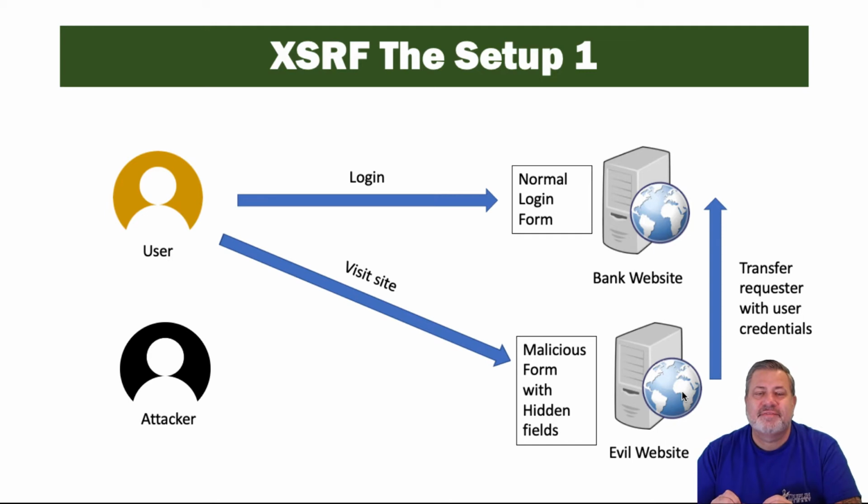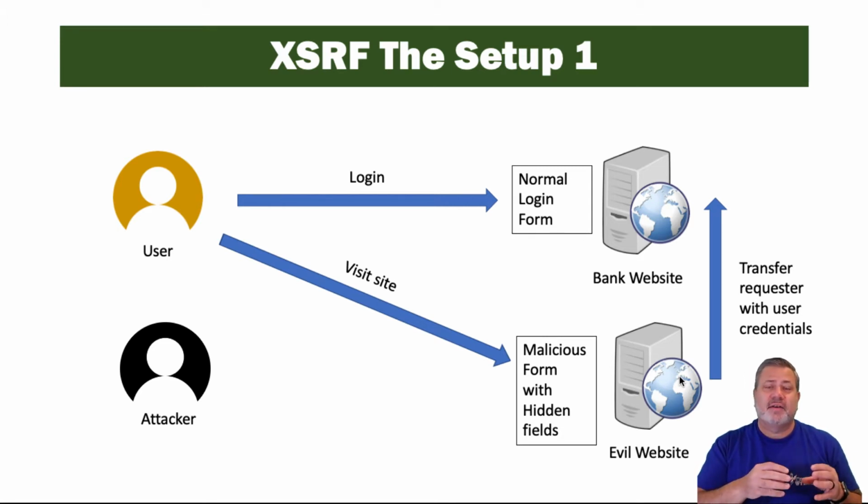What's going to happen if Alice opens this email? Well, she's logged into her normal site. There's going to be malicious code within the email that she's clicked that's going to also run from Hank's evil website. And that's going to request a transfer from her bank to the attacker. So it's running in the background.